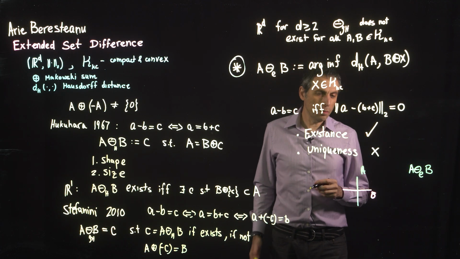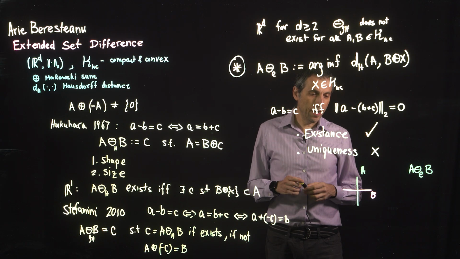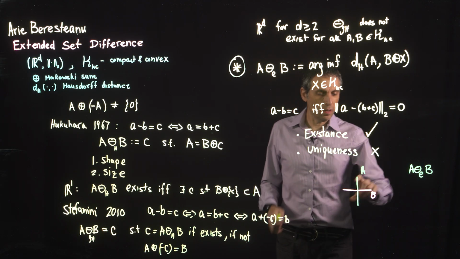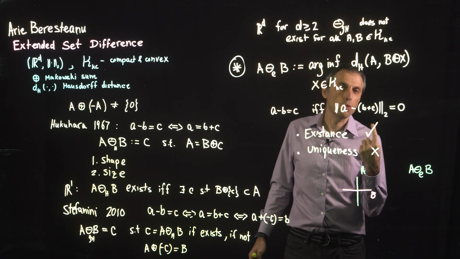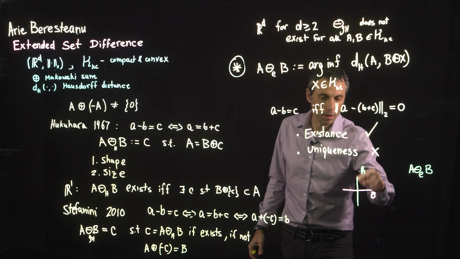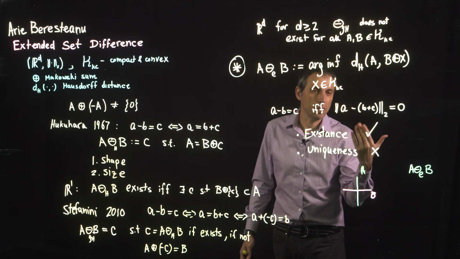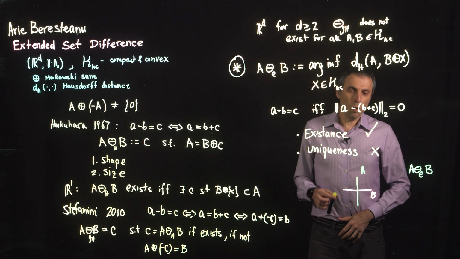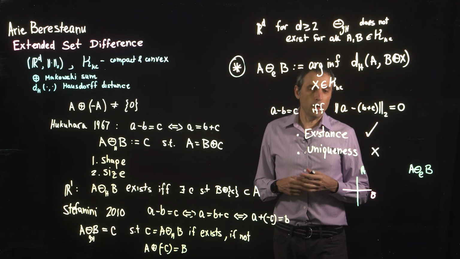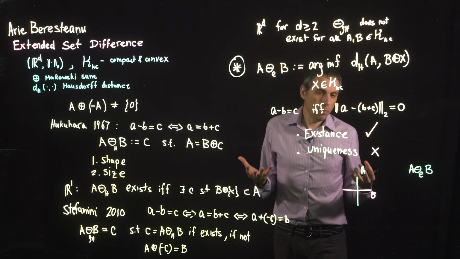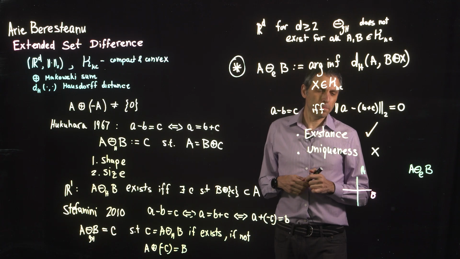But for the extended difference, there can be more than one solution here, because the Hausdorff distance between them is equal to 1. It's the farthest point in A from B, or B from A. It's going to be 1. So what can I add to B that will make it smaller? I can't make it smaller, actually.